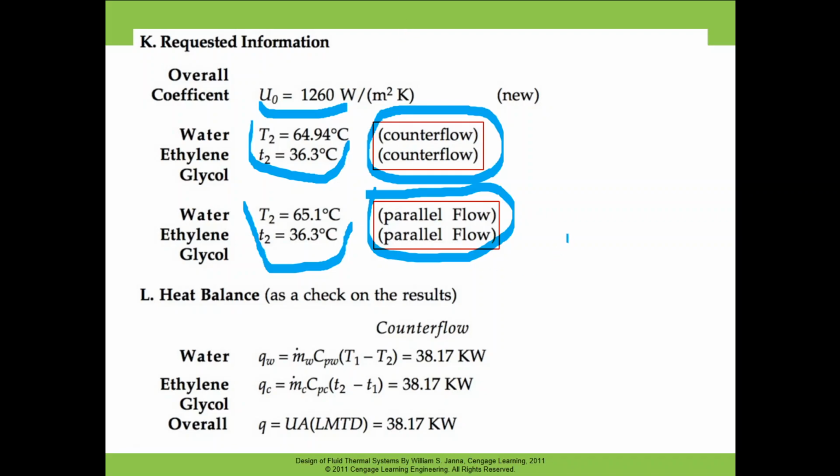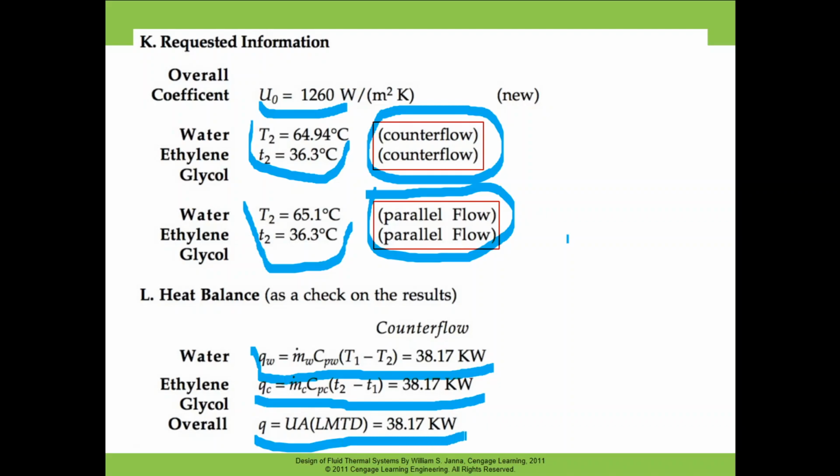Then the next step is that you have to make the heat balance, to check whether the temperatures you obtained are correct or not. So you check the heat balance for the warm fluid, this is the heat balance for the cold fluid, and this is the heat balance with the help of log mean temperature difference and overall heat transfer coefficient.